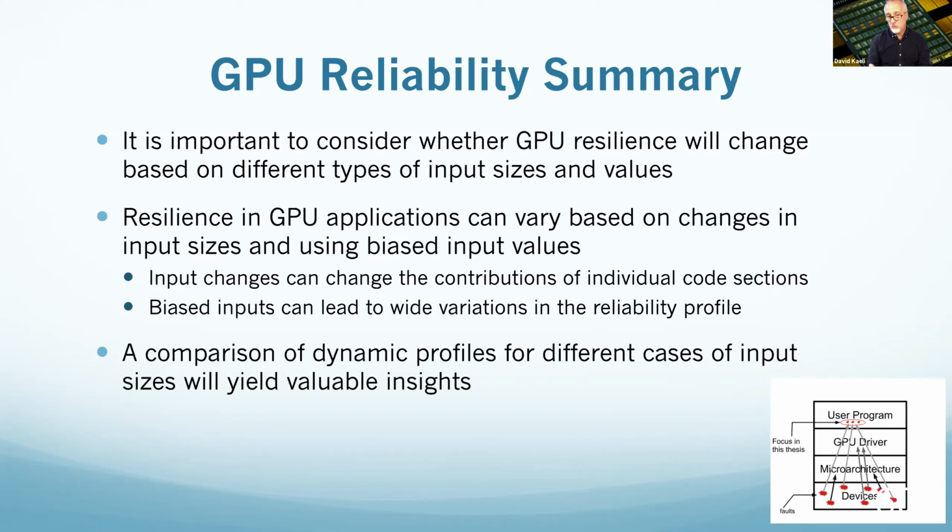So when you're actually doing this work, you really should be using multiple inputs and different parameters for your simulation to get a more representative sample. Otherwise, you may be misled that you're only studying some limited behavior of the application in terms of its reliability.